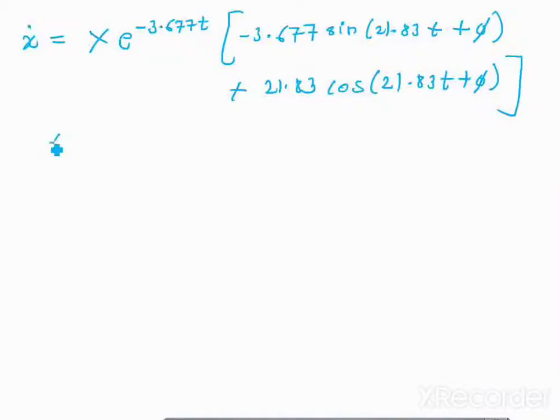Now we know that when t is equal to 0, x dot is not 0, but it is 0.1 meter per second. In derivations we used to take it as 0, no?